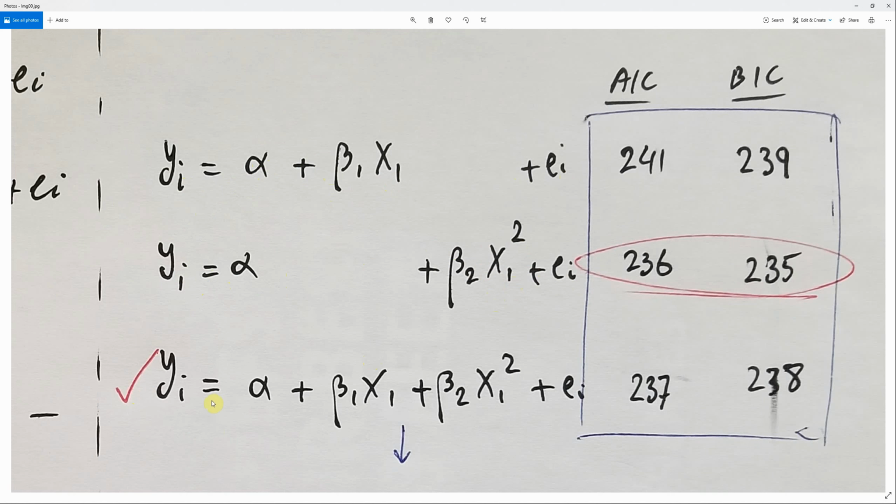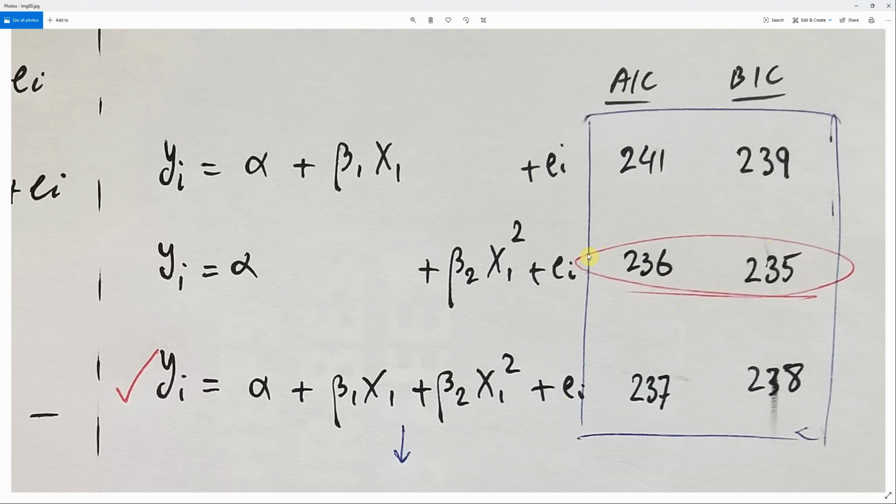And then the third one is y_i equals alpha plus beta 1 x1 plus beta 2 x1 squared plus the error term. If you look at the AIC and BIC, these are just arbitrary, so relatively, we just want to see which one is smaller. So if you look at AIC, 236 is the smallest one, BIC 231 is the smallest one. So going by AIC and BIC, the second model should be the best.